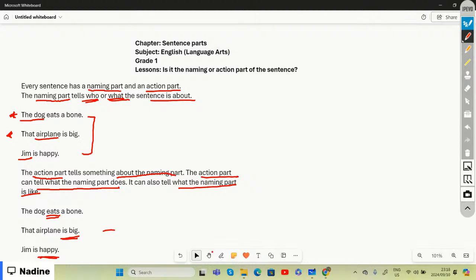So like we said, within our sentence, we have an action part and we have a naming part. The naming part tells us who or what the sentence is about. It's either a person or a thing that they're talking about within that sentence.